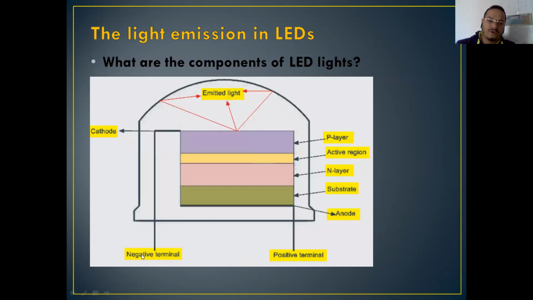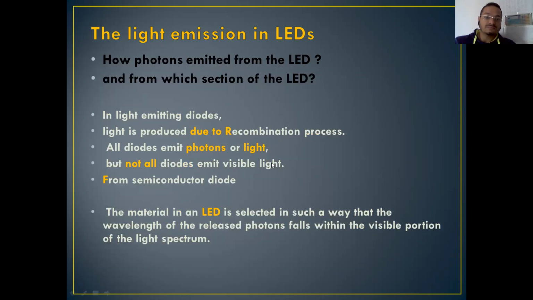Here, like I said before, the diode has two terminals, the anode and the cathode. Here, the substrate and the P layer side, the active region. Both electrons and holes will recombine in this place.